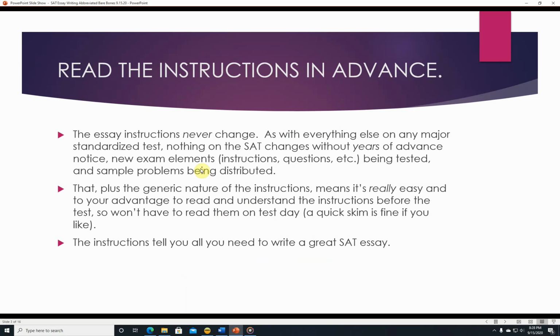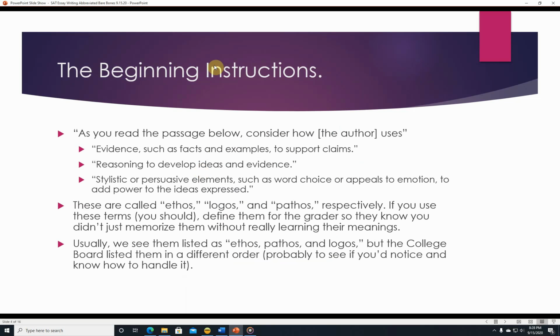So here we go. The beginning instructions. It says, as we just saw, consider how the author uses evidence such as facts and examples to support claims, reasoning to develop ideas, and stylistic or persuasive elements such as word choice or appeals to emotion to add power to the ideas expressed. These are called ethos, logos, and pathos respectively, because ethos is evidence. You can think like ethics.